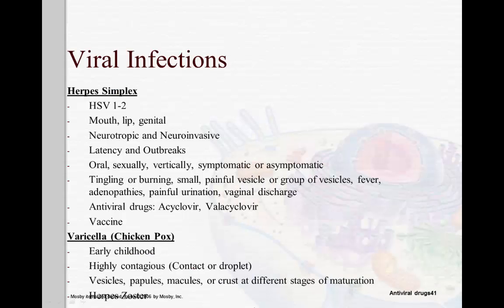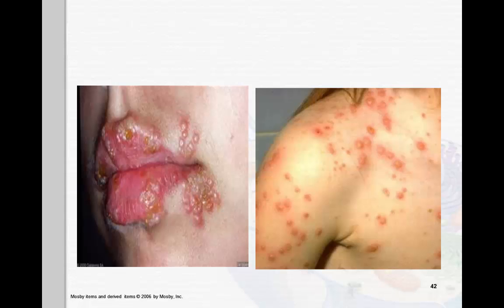In adulthood, when these patients are immunosuppressed for some reason, they could develop herpes zoster. For example, patients that are diabetics, have HIV, or are on prolonged systemic antibiotic use. Okay, so this is herpes simplex. This is chickenpox. You see the group of vesicles there.